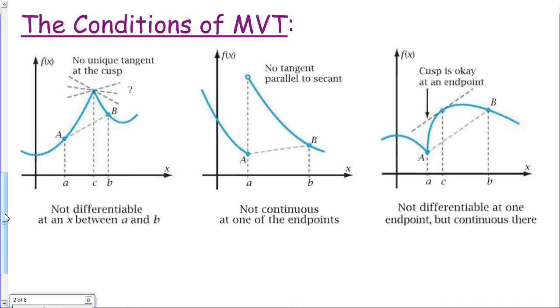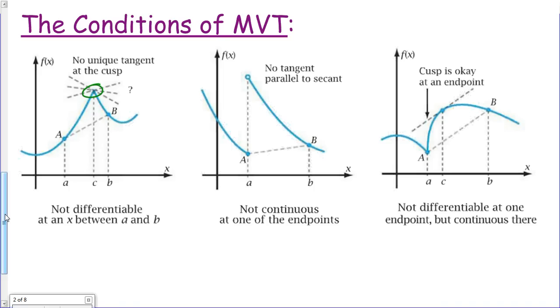So let's start over here on the left, which explains why you have to have the first condition in order for the conclusion to be true. The first condition, of course, for mean value theorem was that your function had to be differentiable. So if you look there on our sketch, they've got a cusp right here at c. So we definitely are not differentiable at that cusp, so we're not differentiable on the interval from a to b.